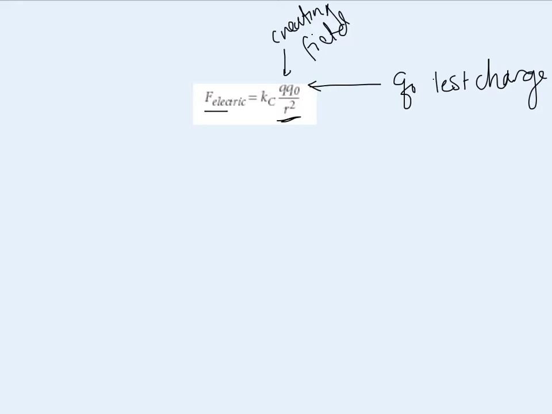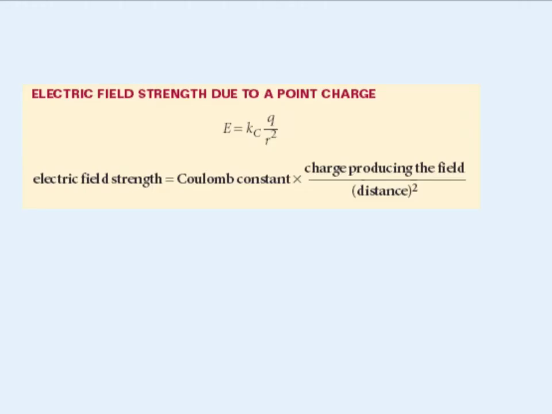Now if we want to calculate electric field, it turns out to be the force divided by our test charge, because we don't want the field strength to involve our test charge. If we divide that force by the test charge, they cancel out, and that leaves us with the electric field strength. E is our electric field strength, and it's caused by a charge. We're still going to use Coulomb's constant.